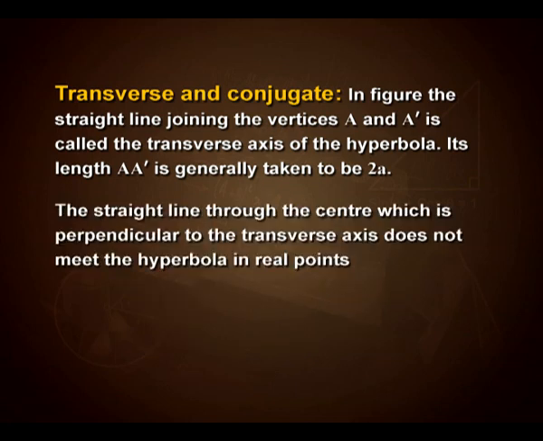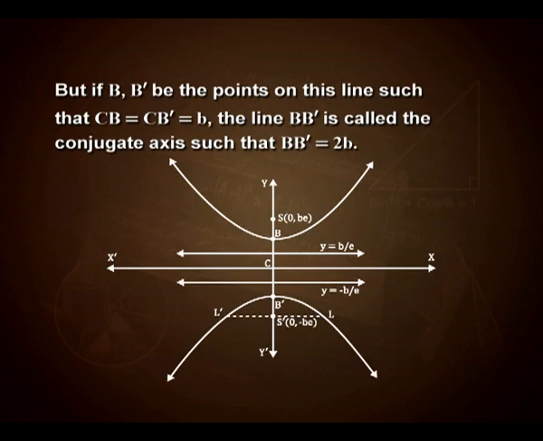The straight line through the center which is perpendicular to the transverse axis does not meet the hyperbola in real points, but if B comma B dash be the points on this line such that CB is equal to CB dash, that is equal to b, the line BB dash is called the conjugate axis such that BB dash is equal to 2b.